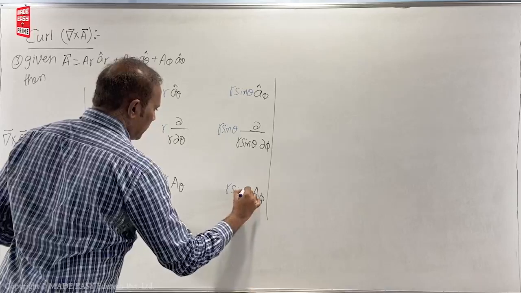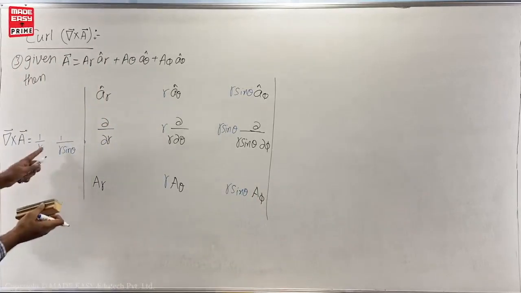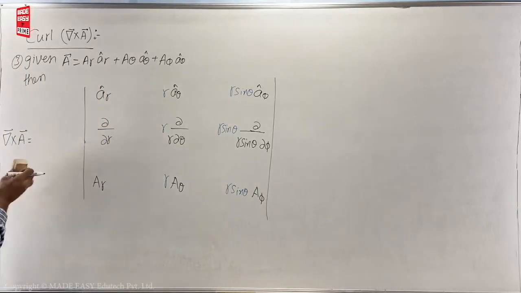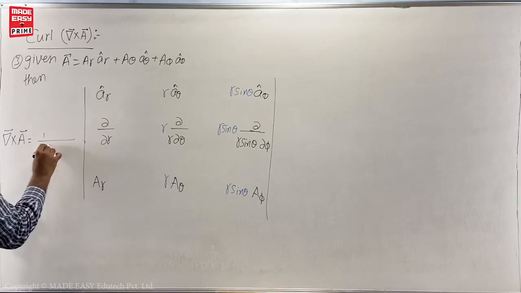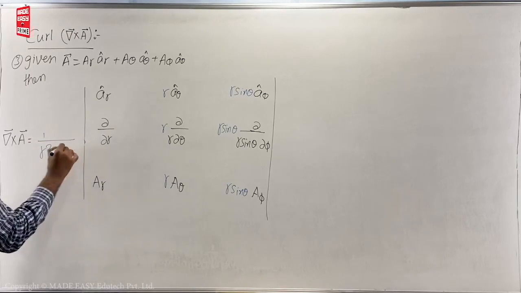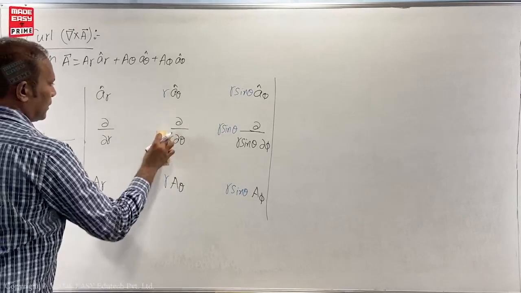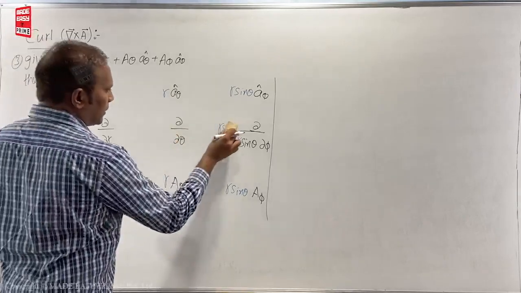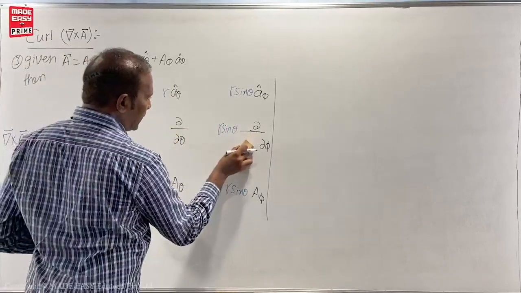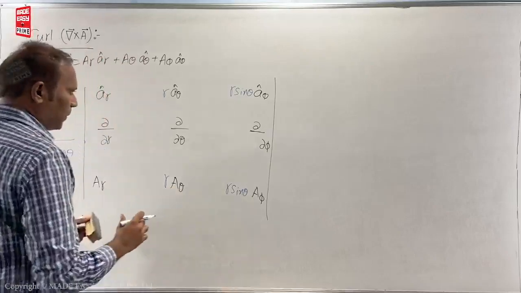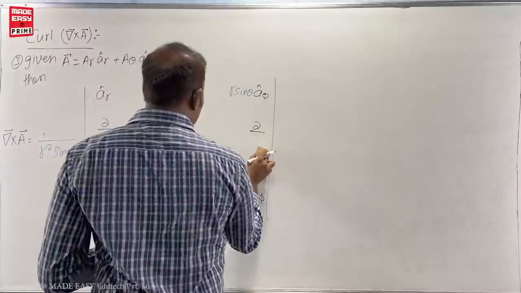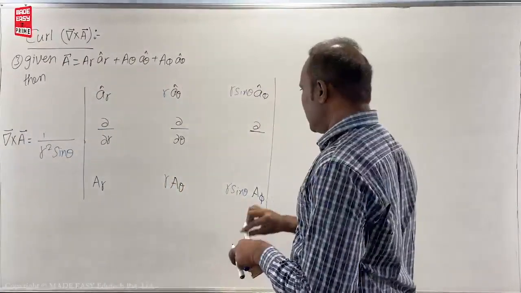Now here R into R in the denominator is R square, so 1 by R square sin theta. Then this R cancels. Similarly R sin theta in the numerator and R sin theta in the denominator cancel. So this is the formula, and if you expand this, you get one equation.